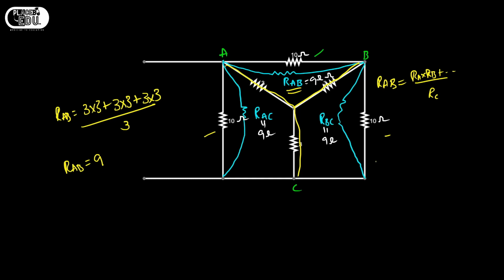So we have 10 ohms and 9 ohms parallel, 10 ohms and 9 ohms parallel, and 10 ohms and 9 ohms parallel, which we can solve further by considering the parallel circuits and series circuits. I'm not here to teach you the parallel and series circuits, but I'm just telling you the importance of converting star to delta or delta to star. Hope you guys understood this.